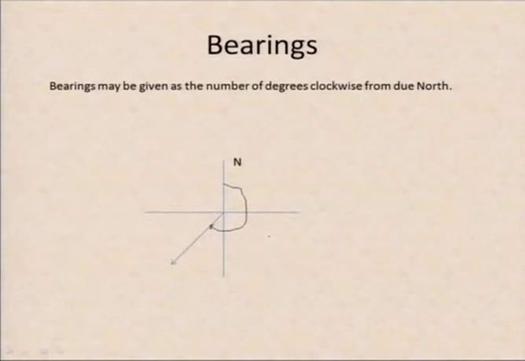That's one possibility. In aeronautics, that's probably the most common possibility that we're going to have. Let's say 225 degrees. I tried to make that little arrow as close to splitting that quadrant in half as I could, which would be 225 degrees. That's one way that we can do bearings.